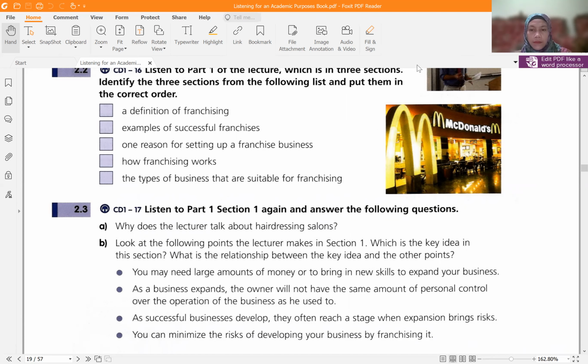This stage in the growth of the business may present the entrepreneur with risks that he or she is unwilling to run. However, one way of minimizing such risks, while at the same time continuing to develop and profit from a successful brand, is by franchising your business.